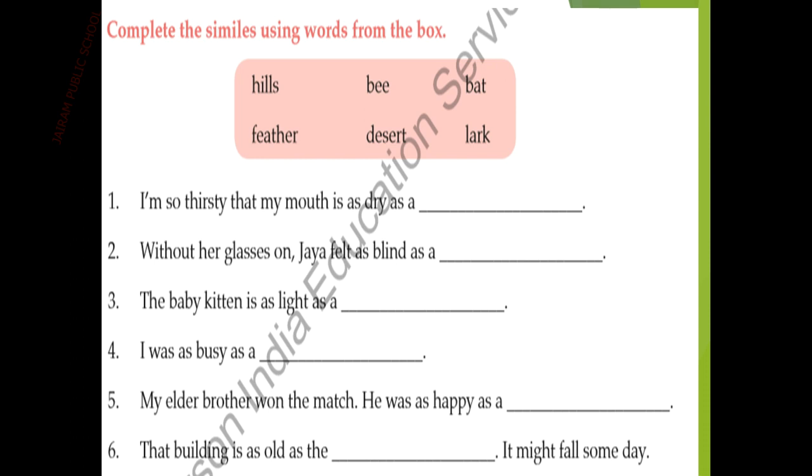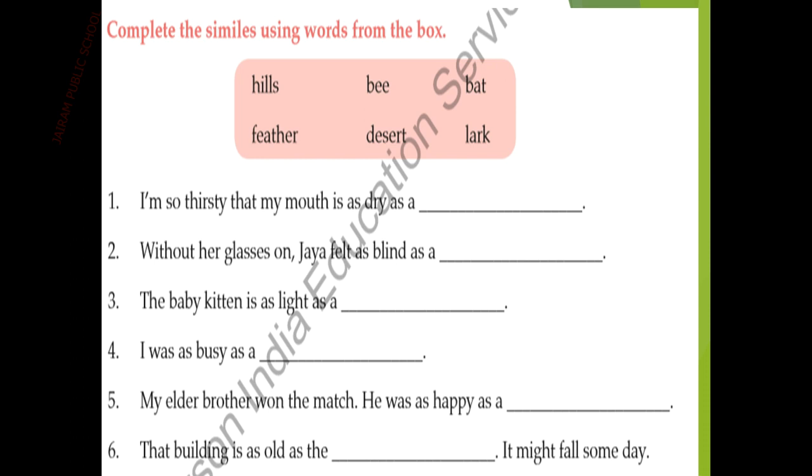Go to the second one. Without her glasses on, Jaya felt as blind as a dash. Here Jaya's eyes are compared with the bat's eyes, which has small eyes with very sensitive vision, by using the simile word as. Without her glasses on, Jaya felt as blind as a bat.